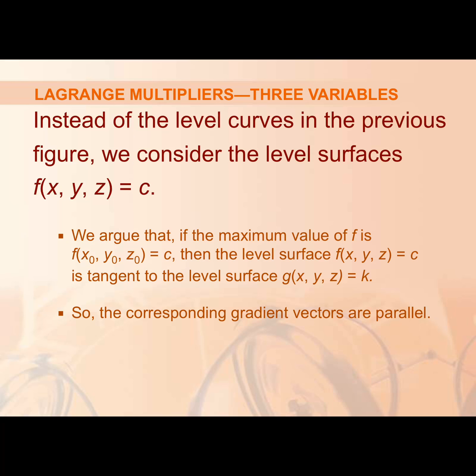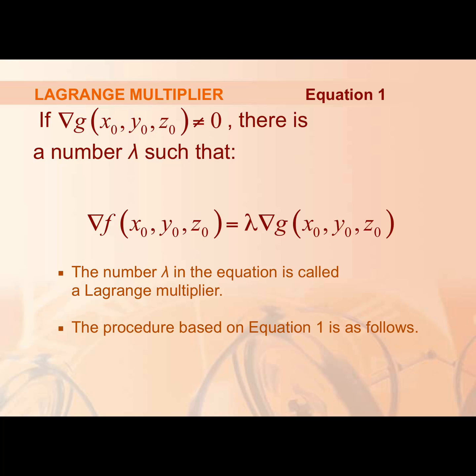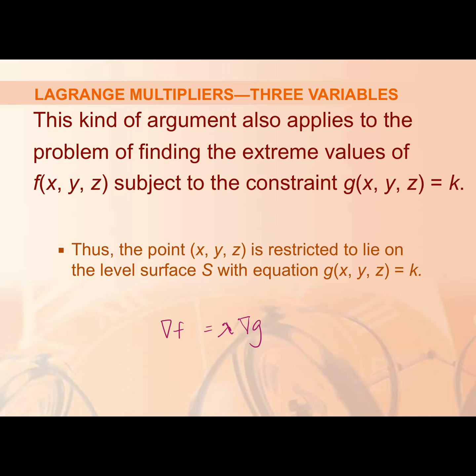One of the things to mention is that this approach is assuming that your gradient of g is not equal to 0. Because if your gradient is equal to 0, then lambda could be equal to 0, and you're not able to get any information about parallel vectors. Okay, the scalar here is called the Lagrange multiplier.